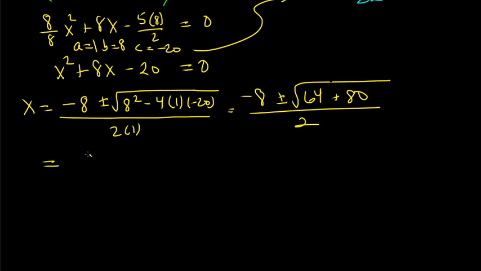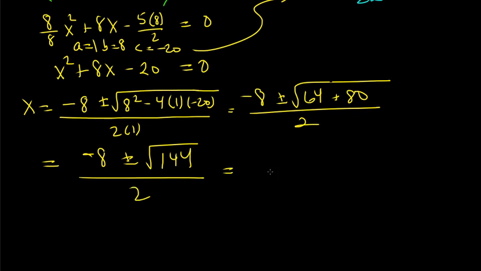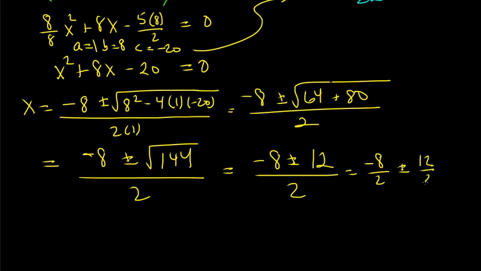Okay, so negative 8 plus or minus the square root of 144 all over 2. The square root of 144 is exactly 12. So this is just going to be negative 8 over 2 plus or minus 12 over 2. So negative 4 plus or minus 6.